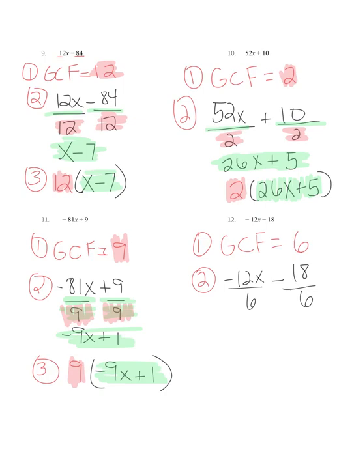Negative 12x divided by 6 is equal to negative 2x. Negative 18 or minus 18 divided by 6 is equal to negative 3. Then my last step is to set up my factored expression. My GCF is on the outside, and my simplified expression is on the inside.